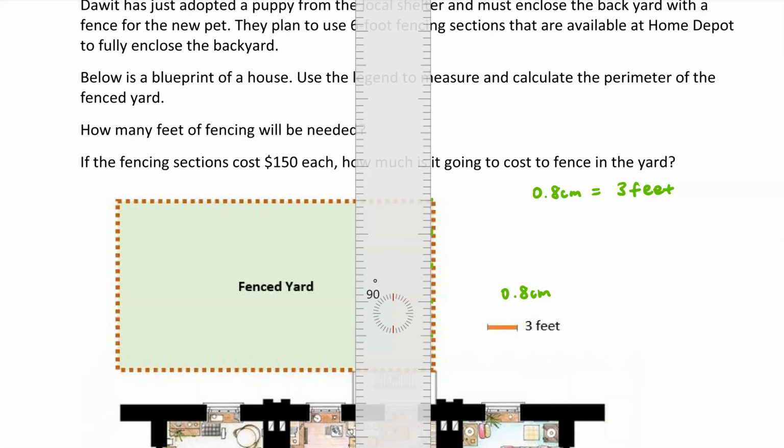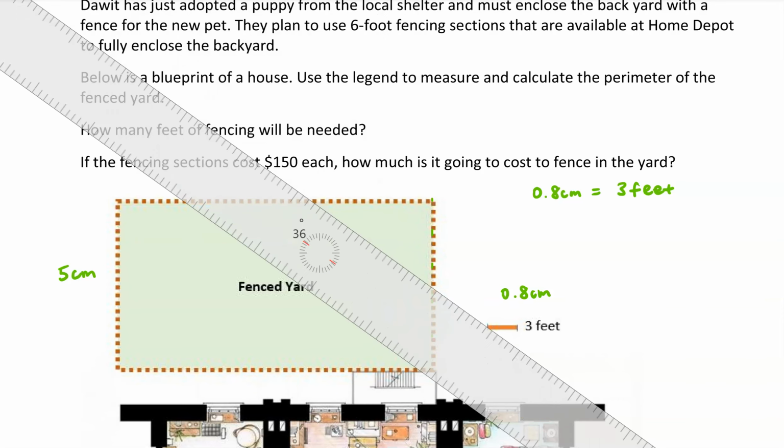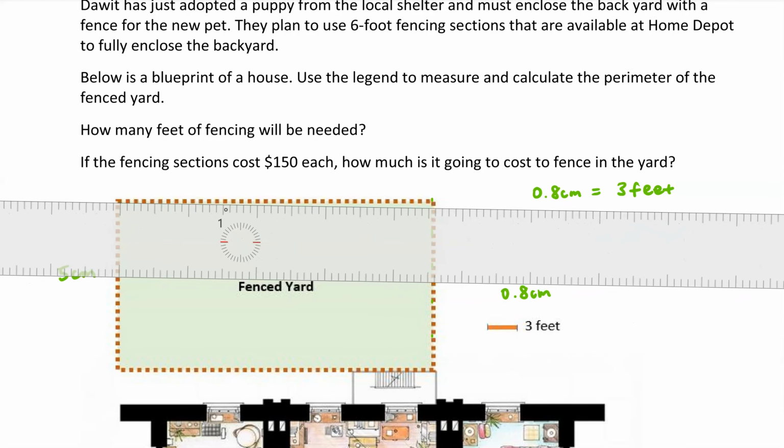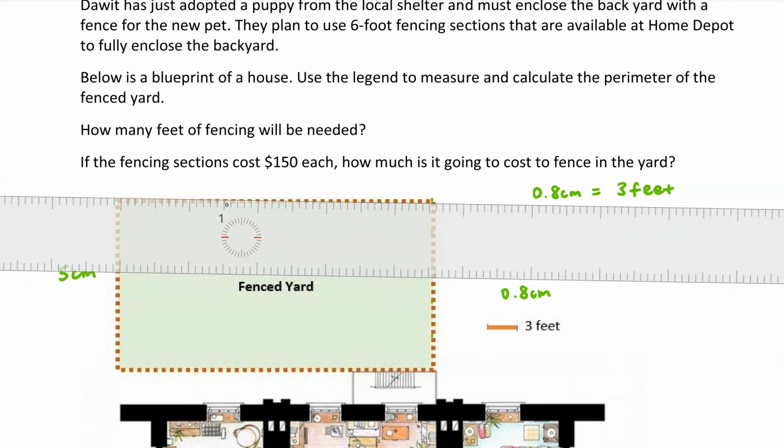Because this is a rectangle, I'm going to go ahead and put it on this side. So the length of the backyard is 5 centimeters, which we will need to convert to feet so that we can calculate how much the fencing sections are going to cost. But first, before we do that, let's go ahead and measure the length.